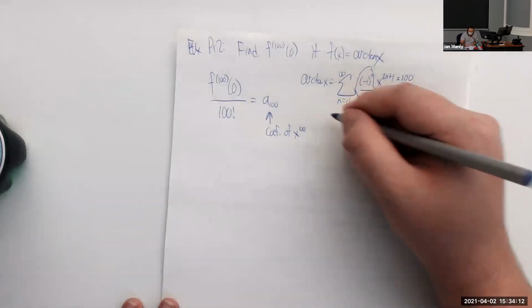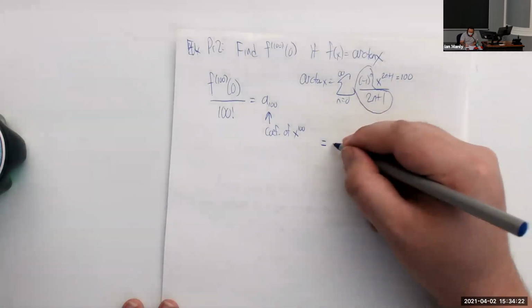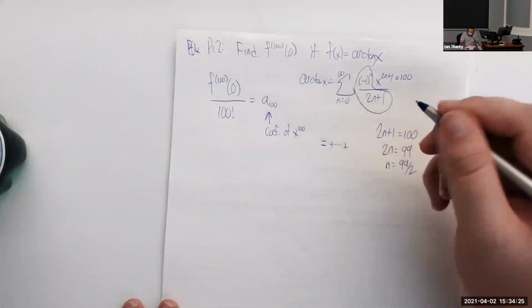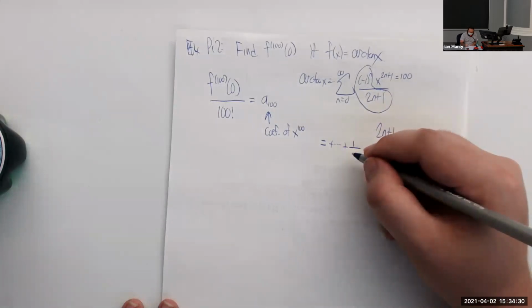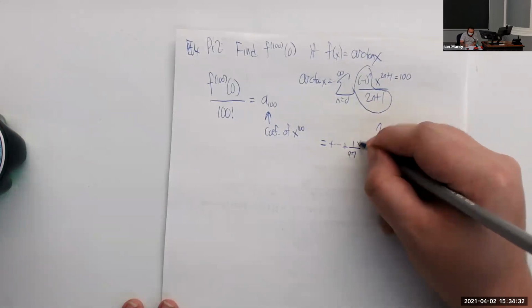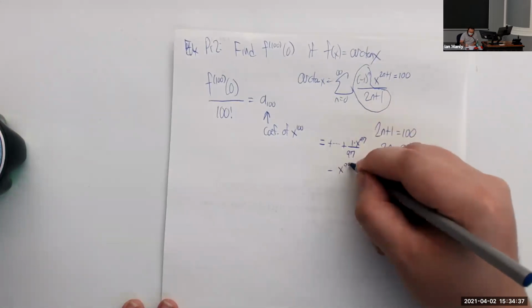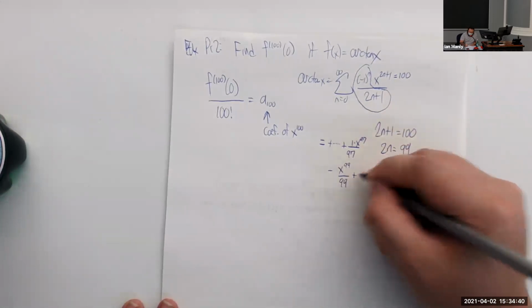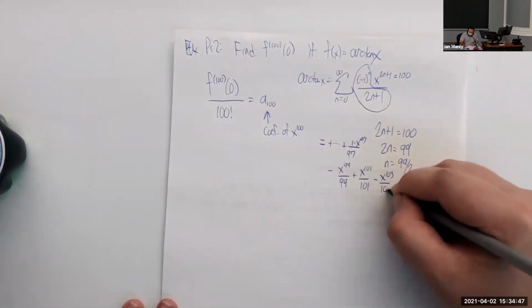If I were to write out all of the terms in this series, I'd have a bunch of stuff earlier, and then 1 over 97, x to the 97, minus x to the 99th over 99, plus x to the 101 over 101, minus x to the 103 over 103.